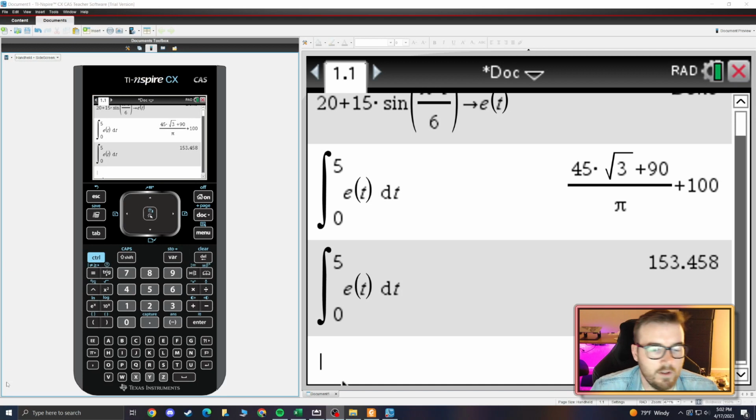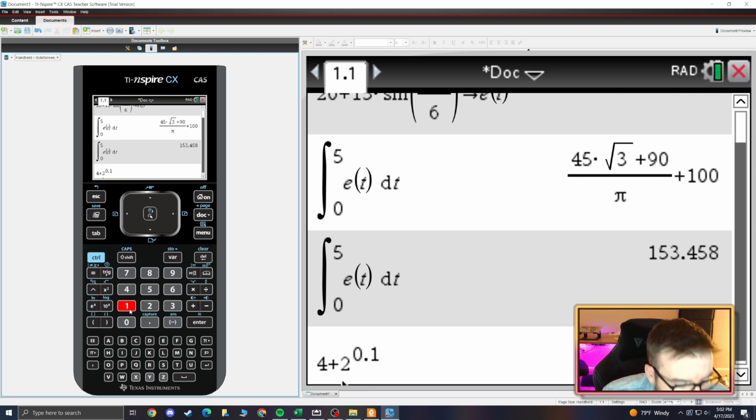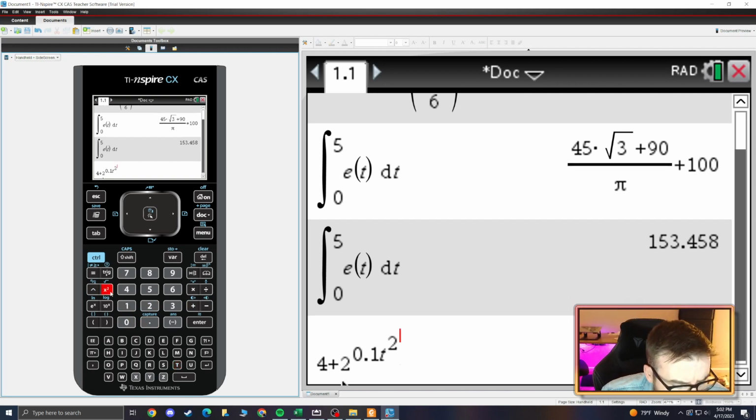So let's go to the calculator and save L of t just as we did E of t. So I've got 4 plus 2 raised to the power of 0.1 t squared. And we're going to store that as L of t, the fish leaving.